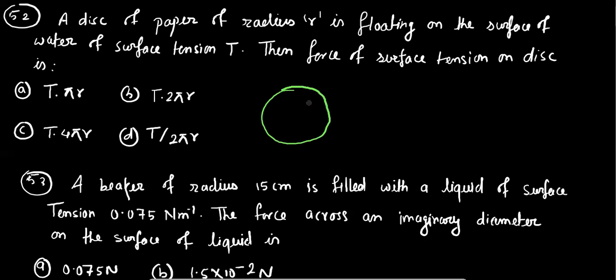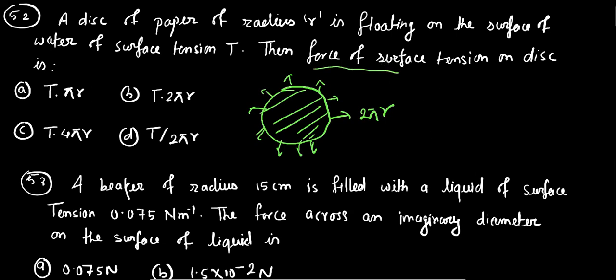Disc means this whole part is completely covered, which means that the surface tension will act along its circumference. Okay, and its circumference is 2 pi r, and we have to find here the force of surface tension.